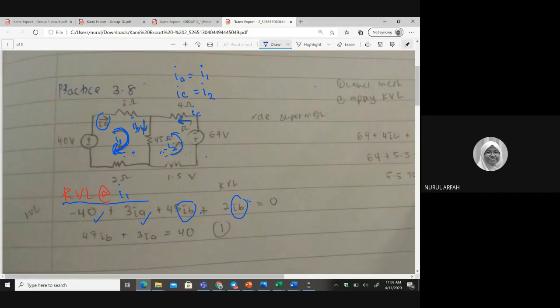So for IB here, it's not supposed to be IB, but it's supposed to be this loop for these 2 ohms, because only one current flowing through this. And in fact, IB here is branching out to I2 here and also I1 here. Okay, because it diverts into 2.